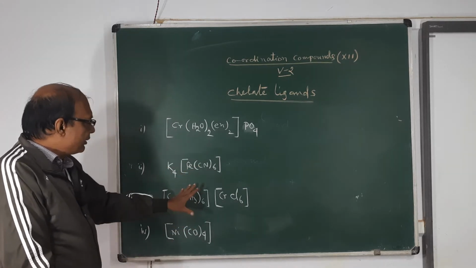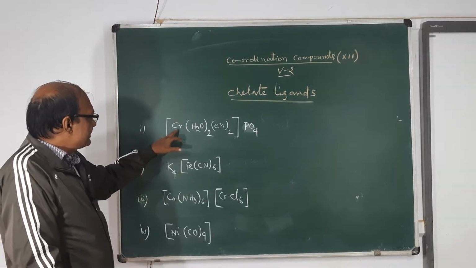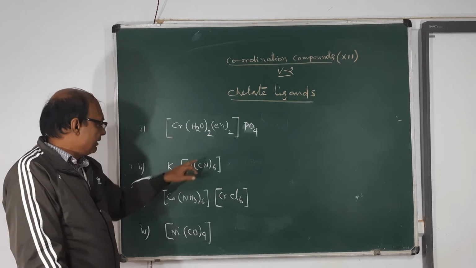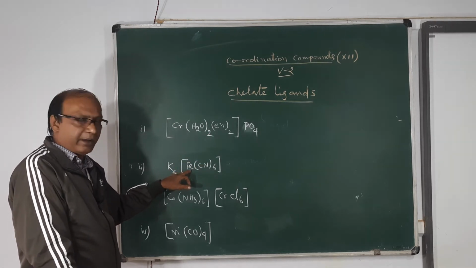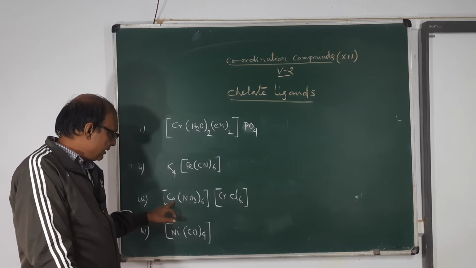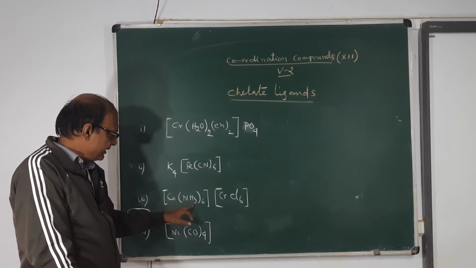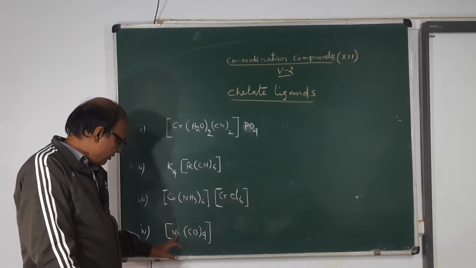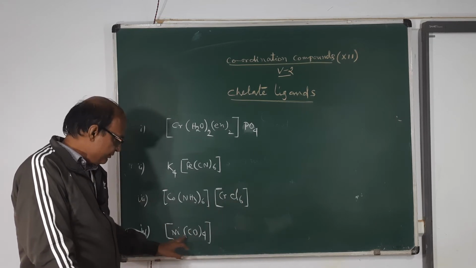Now, regarding coordination number: the coordination number of the central metal ion here is 6, here is 6, the coordination number of the central metal atom, the first is 6, the second is also 6, and the coordination number of the central metal atom here is 4.